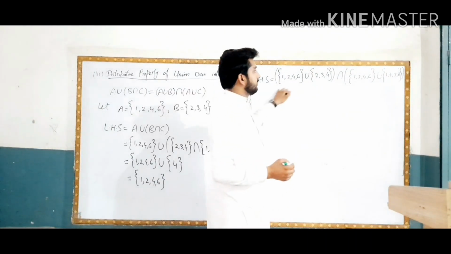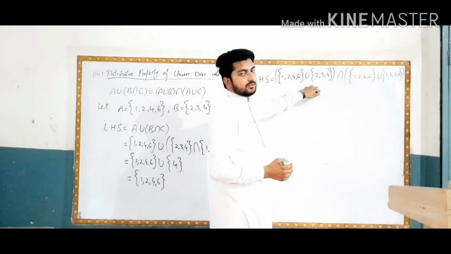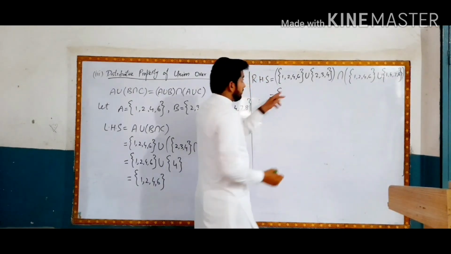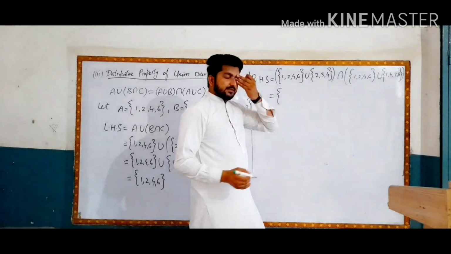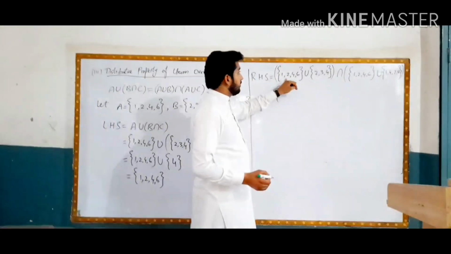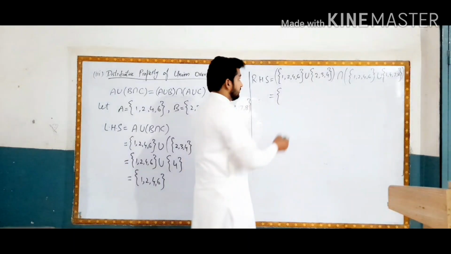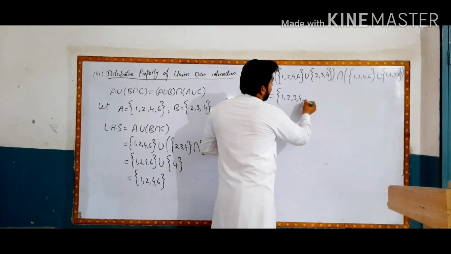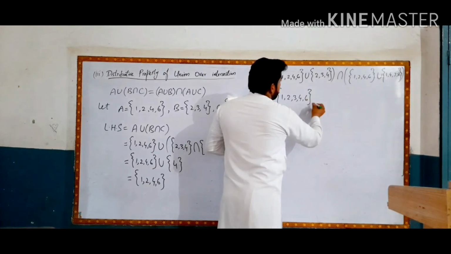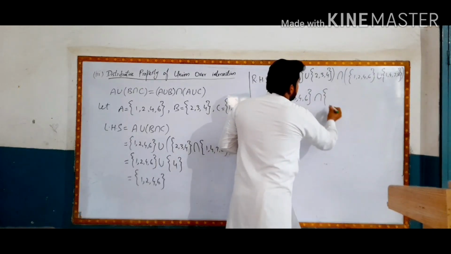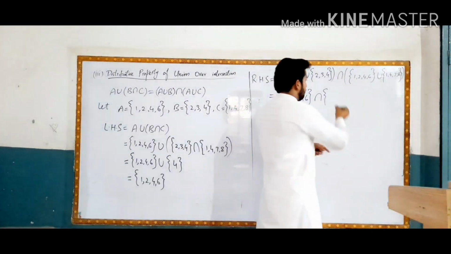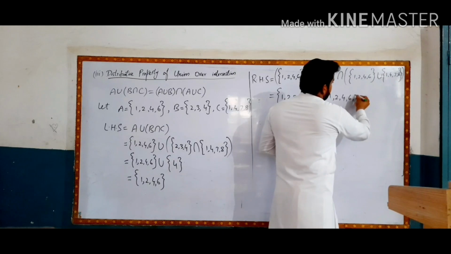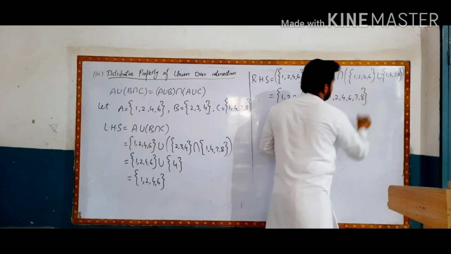Notice the union of the first two sets: {1, 2, 4, 6} is the same set, and 3 will be added. So the union is {1, 2, 3, 4, 6}. The union of the other sets is {1, 2, 4, 6, 7, 8}.